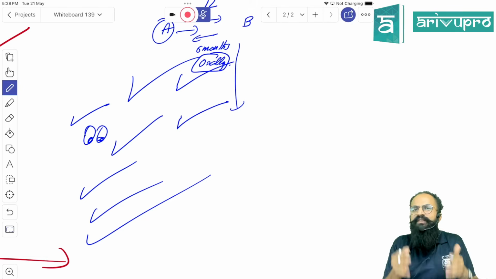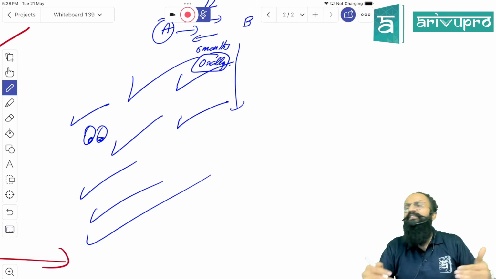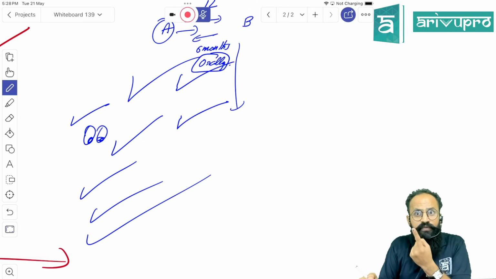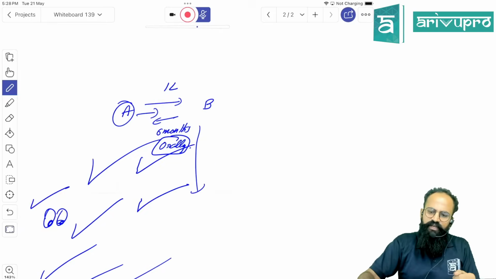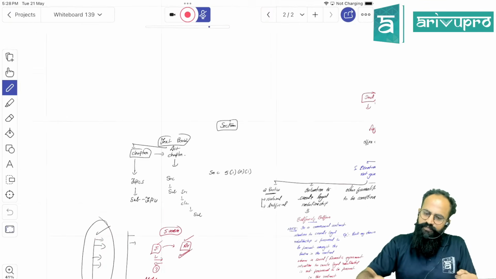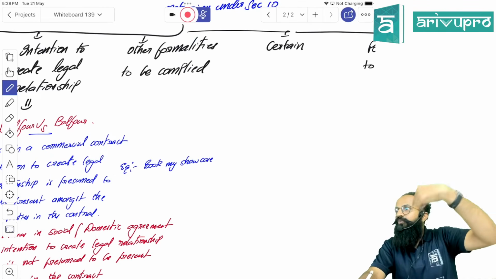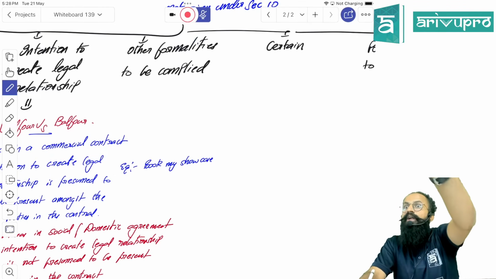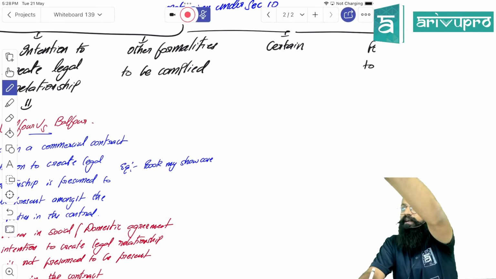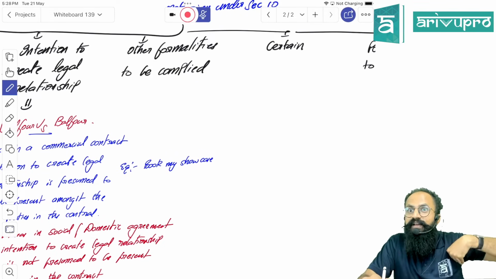That's the reason today everything is written and it has to be in signatures. All this only will be valid. Clear all of you? Got this? Okay, write down. Why did we come under this? Other formalities to be complied. According to Indian Contract Act, a contract can be oral or written.